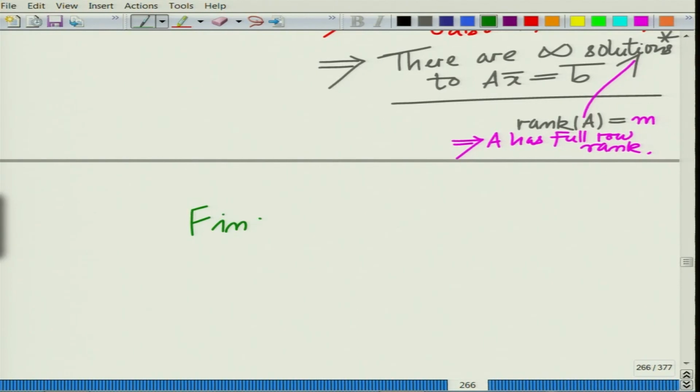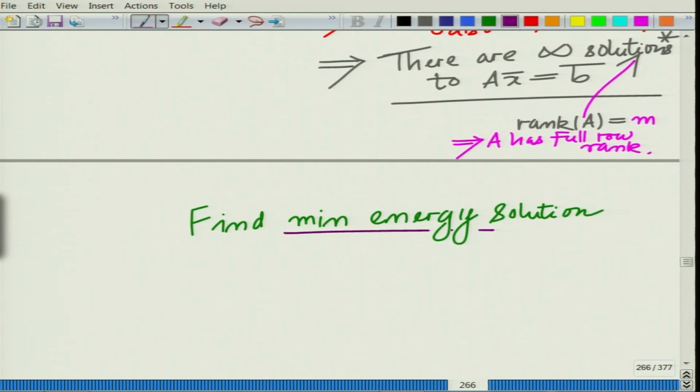So, we want to find the minimum energy solution, which implies minimize.